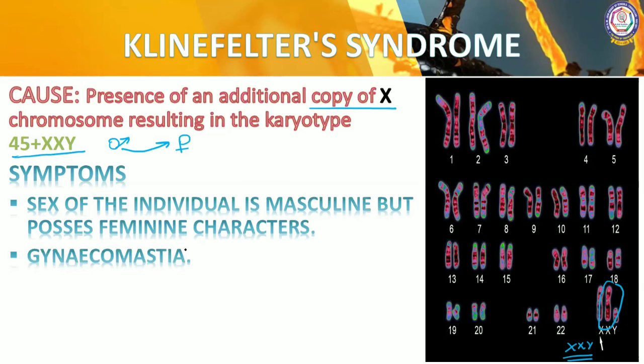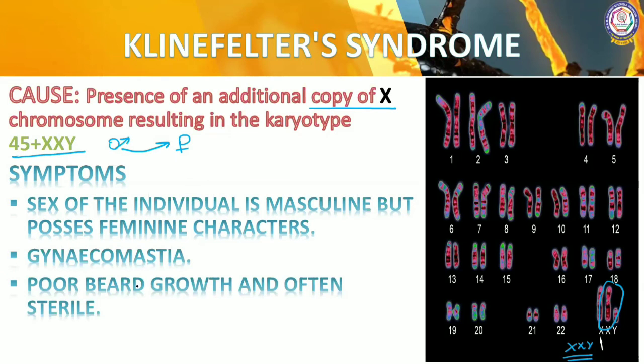Gynecomastia, breast development, poor beard growth, and often sterile. And remember one thing, all these 3 syndromes we are seeing now, and mostly these chromosomal abnormalities, they are sterile. They cannot reproduce. So have this in mind. And feminine pitched voice.